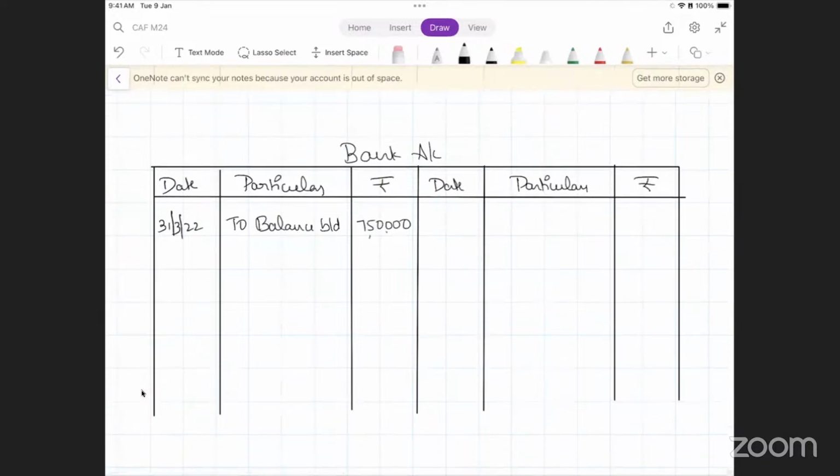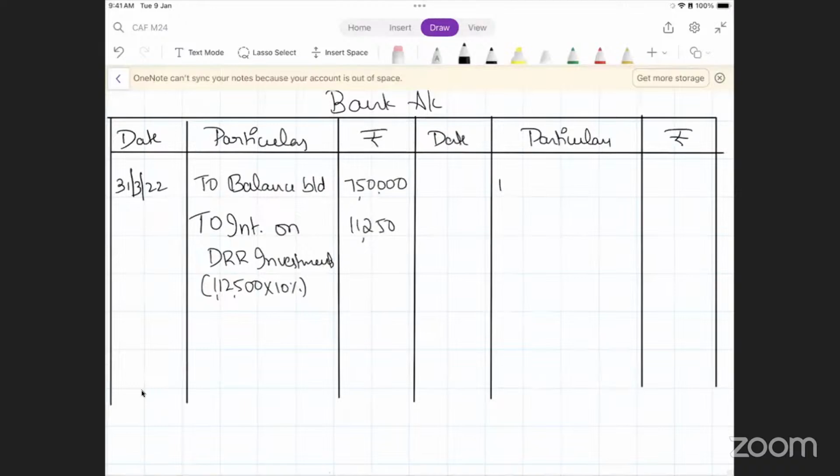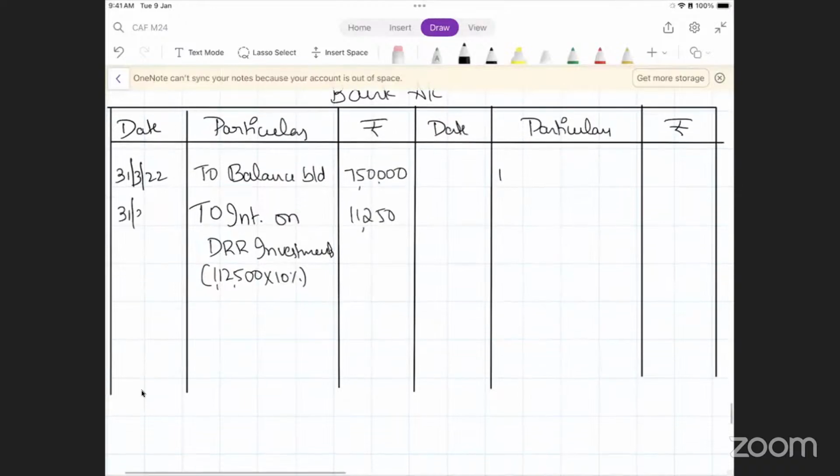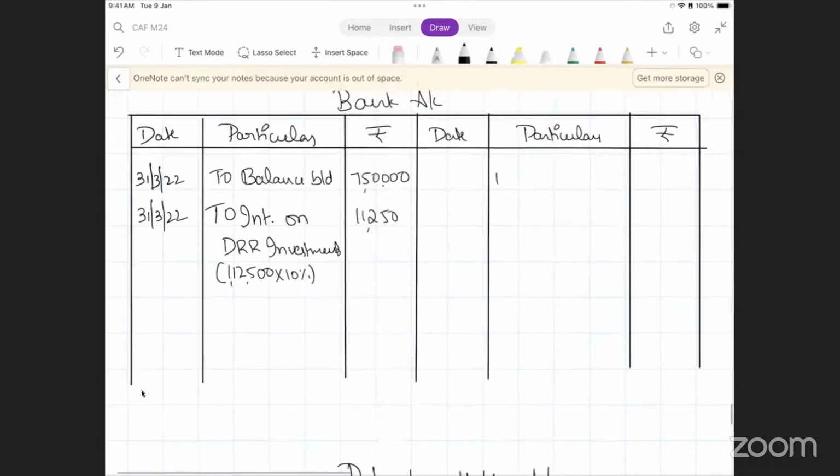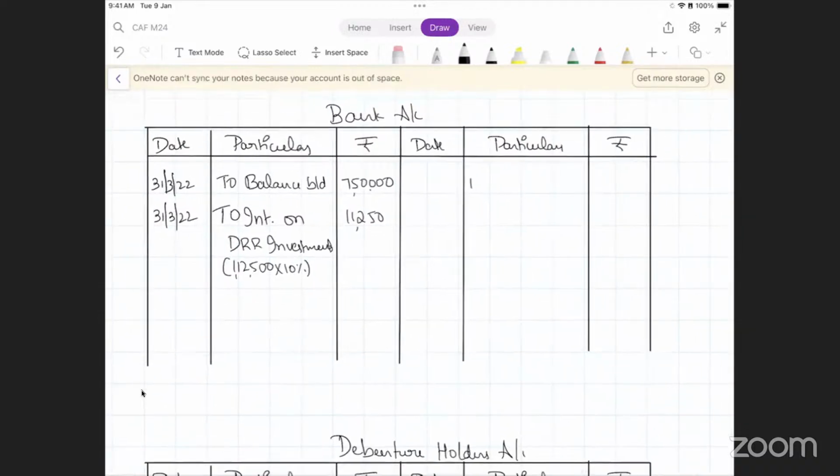The interest is 1,12,500 into 10% for the full year, 11,250, annual interest. It was not received in full. It would be credited in the interest account, but we are not making the interest account, as asked in the question.